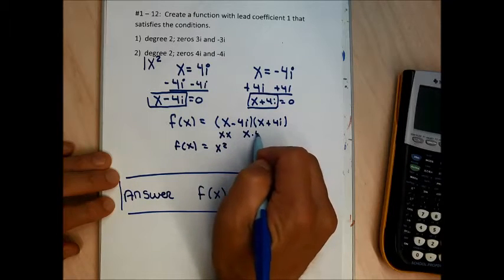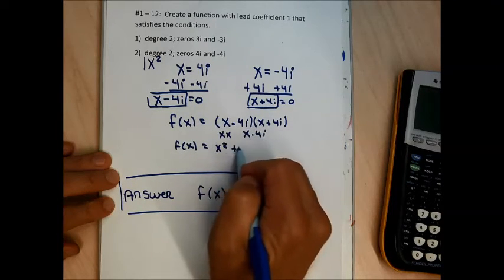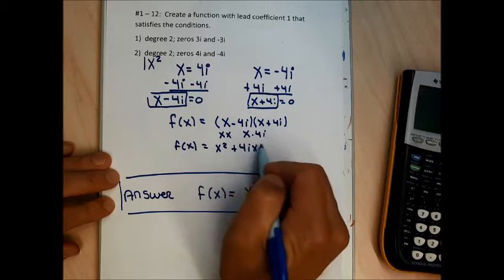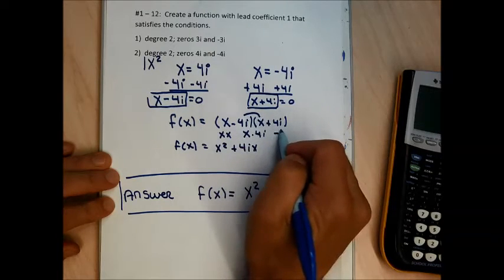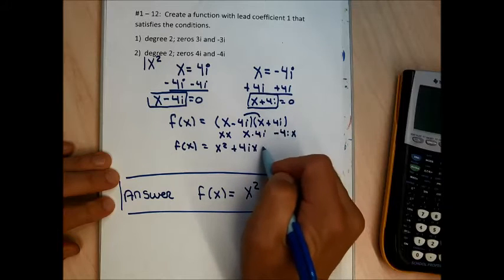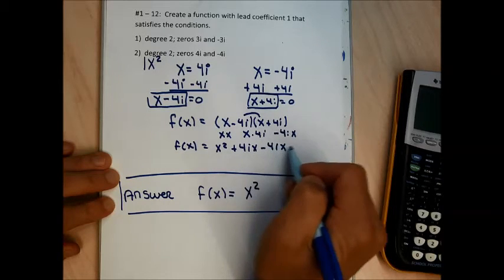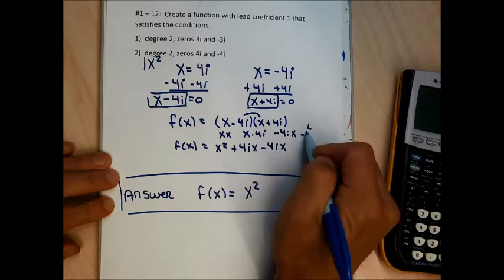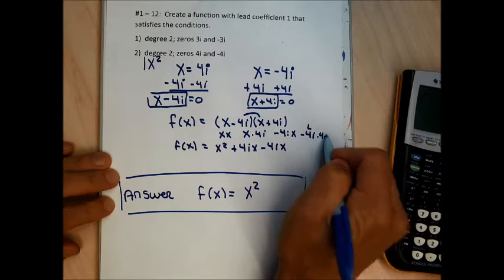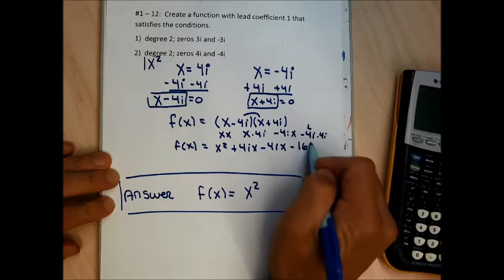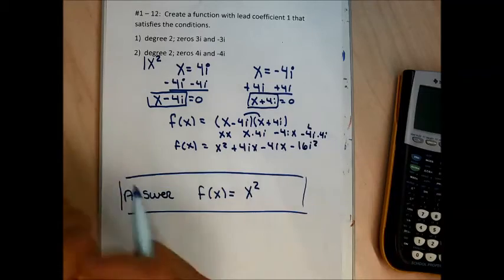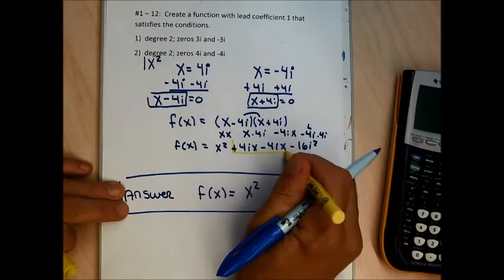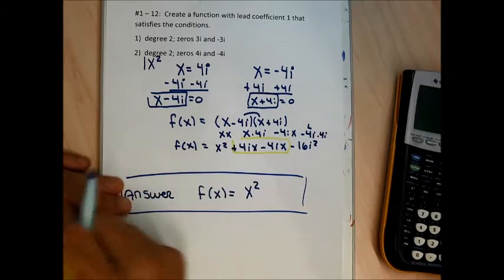Outers will be x times 4i. I'm going to write that as plus 4i times x. Inners are going to be minus 4i times x. I'm going to write that as minus 4i x. And my lasts are going to be minus 4i times positive 4i. That's going to be a minus 16i squared. The outers and the inners, because these are conjugates, cancel.